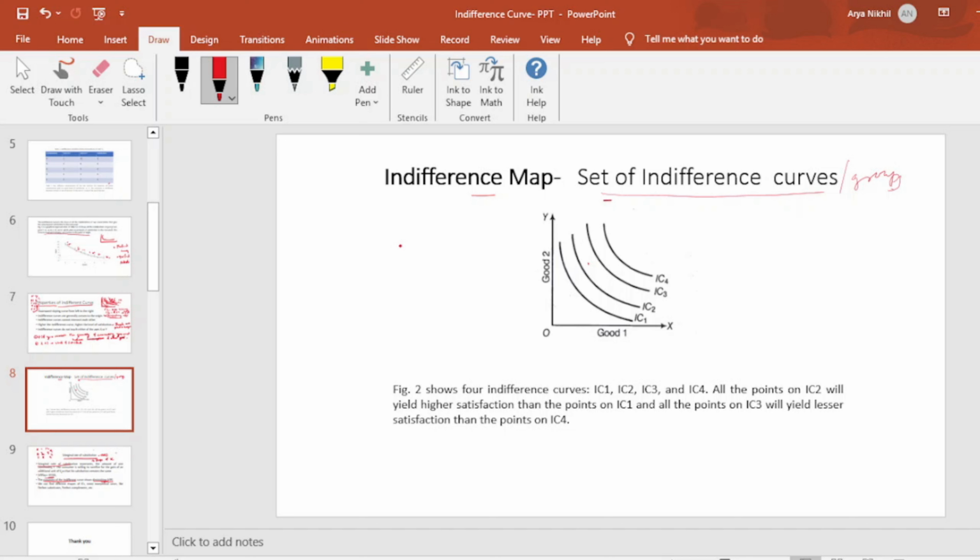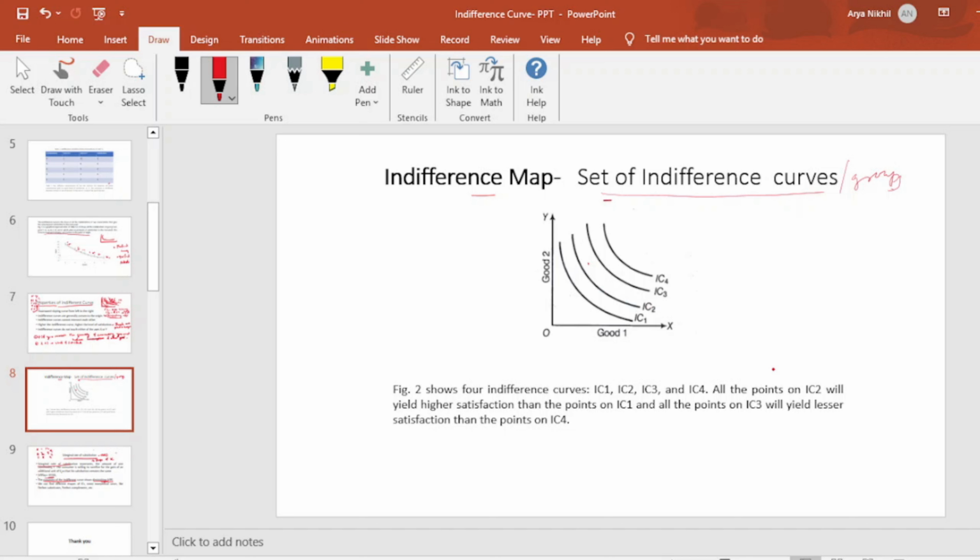Now let's explore the indifferent map, which is a set of indifferent curves or group of indifferent curves. This figure represents the indifferent map, which is the collection of 4 indifferent curves IC1, IC2, IC3 and IC4. And also we know that higher the indifferent curve, higher the level of satisfaction.